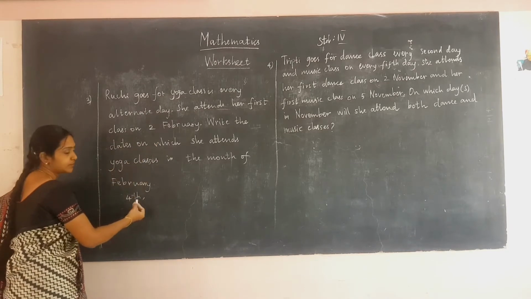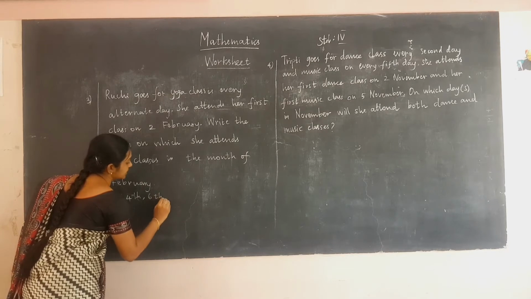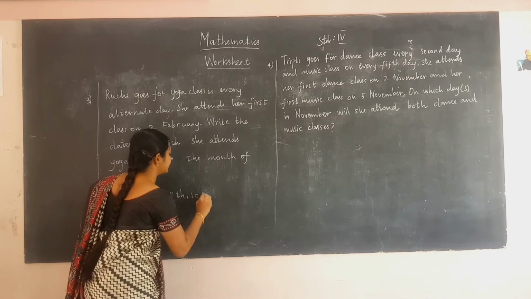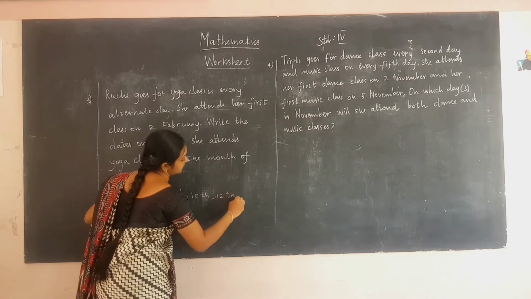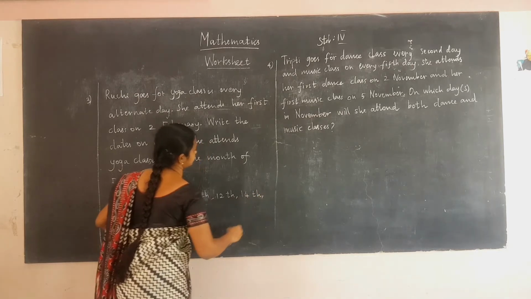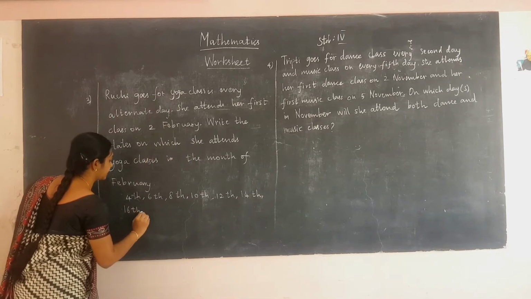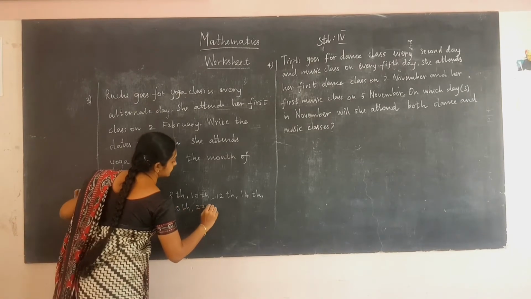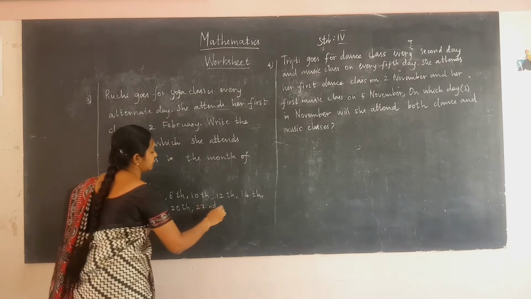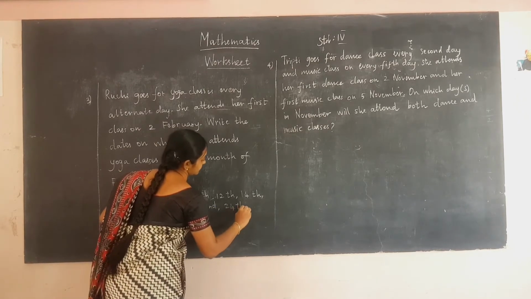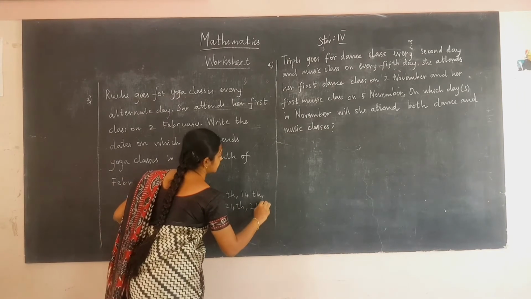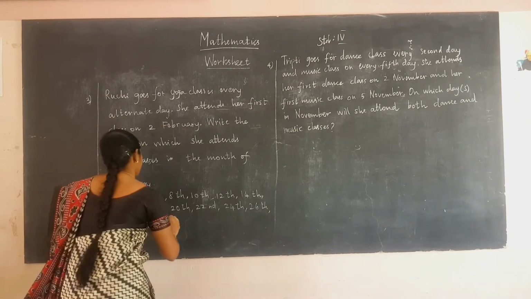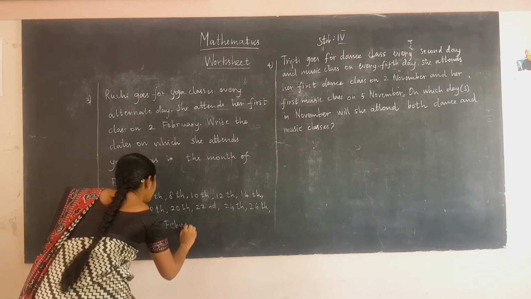So we have to write 4th February, 6th February, 8th February, 10th February, 12th February, 14th, 16th, 18th, 20th, 22nd, 24th, 26th, 28th of February.